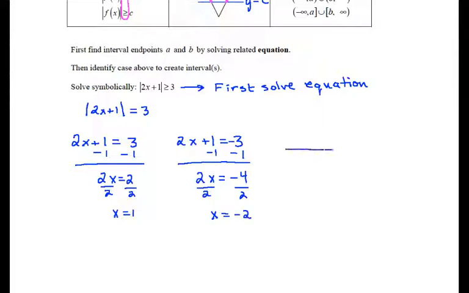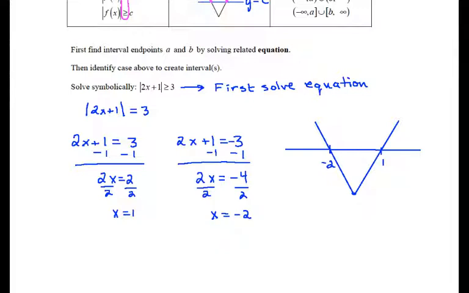If I think about this on a number line, negative 2 is on the left, 1 is on the right. So now I want to think about the v, right? I don't have to draw a perfect graph. I just want to think of this graph as crossing the line at these two x values and figure out what my solution set would look like.